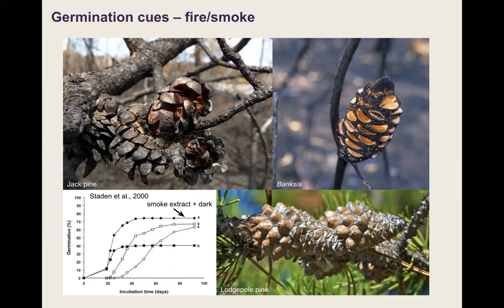So when these cones are made on the jack pine, they're sealed up pretty tightly, and they've got a tight resin barrier in there, and that melts away under extreme heat and opens these up. Same thing for the Banksia here and the lodgepole pine.